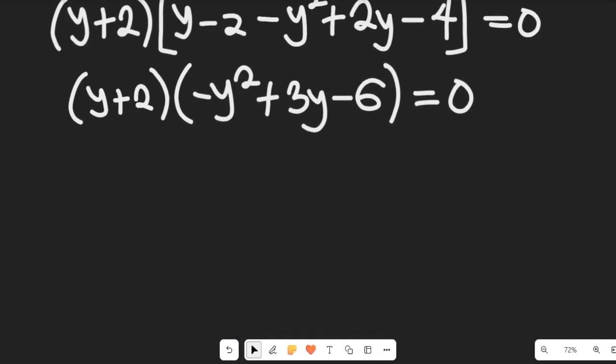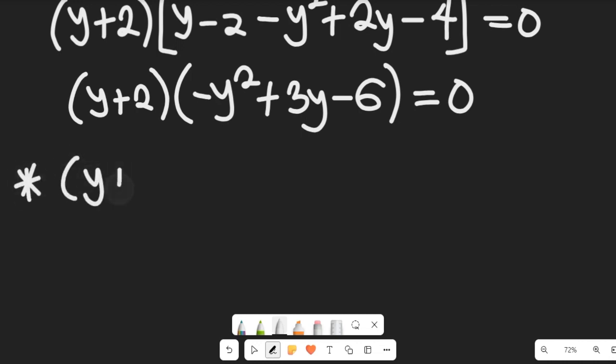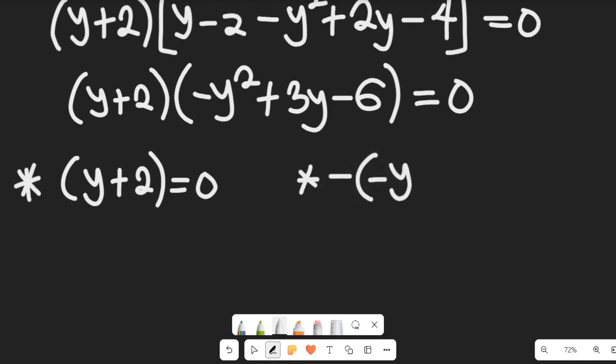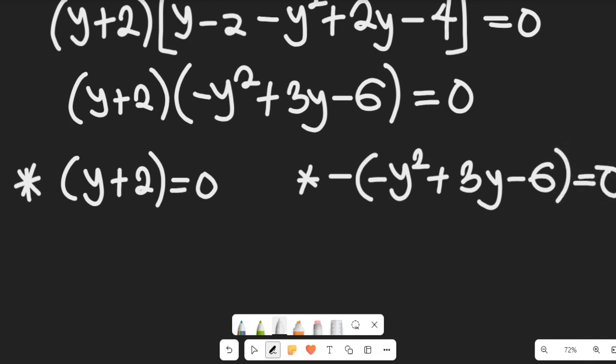So from this expression, the zero product rule, we will see that we have the first case as y plus 2 equal to 0, and the second case, when we multiply through by negative, we'll have y squared plus 3y minus 6, and all this will be equal to 0.